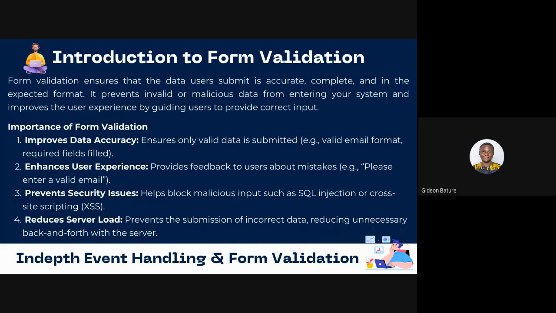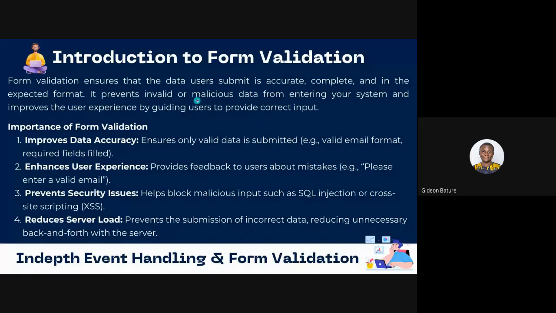We don't expect the person to go and enter maybe LMK, except in a situation where we are making use of Roman numerals. And that's when we can be expecting things like I, V, M, C, and the rest, because those are actually Roman numerals. But as far as we are concerned, we are expecting the person to give us Arabic numerals, which is normal: 1, 2, 3, 4, and the rest. So form validation ensures that the data the user submits is accurate, complete, and in the expected format.